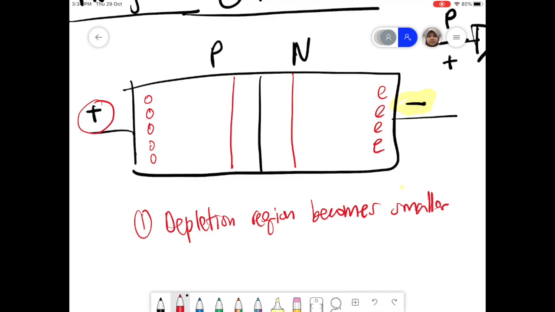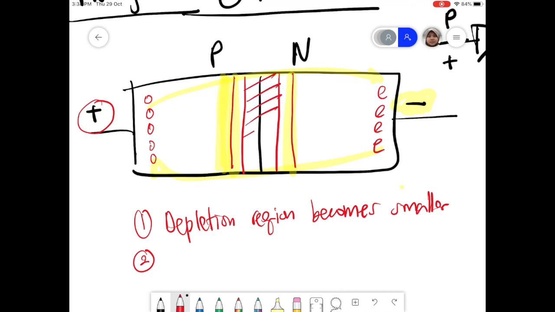Okay, and number 2. The depletion region becomes smaller because as the holes are going to this side and electrons are going to this side, you have more and more free carriers at the depletion region. So the new depletion region after forward bias will become smaller.